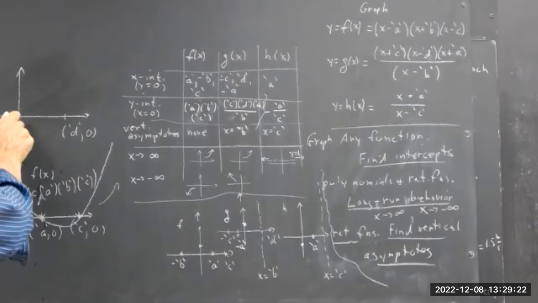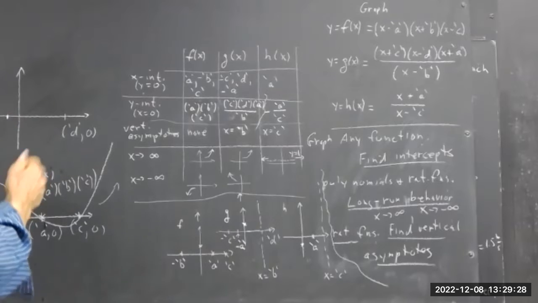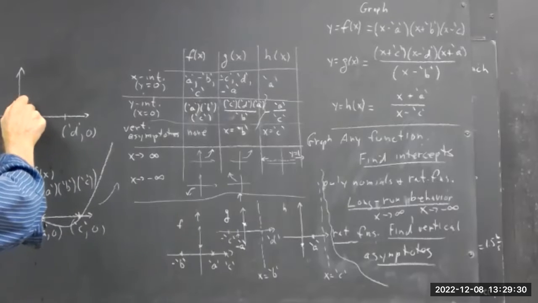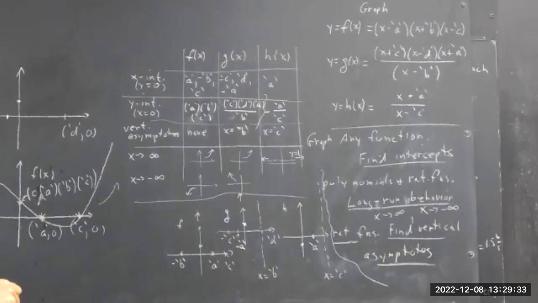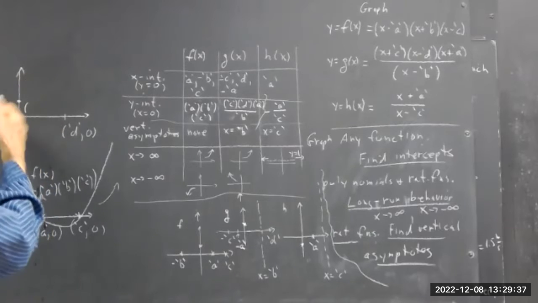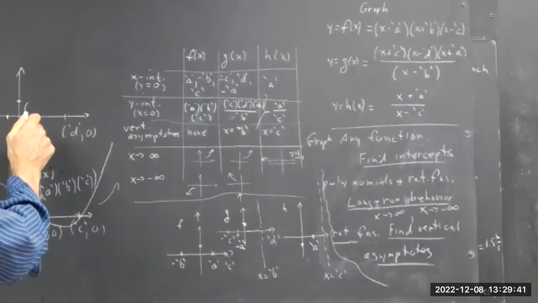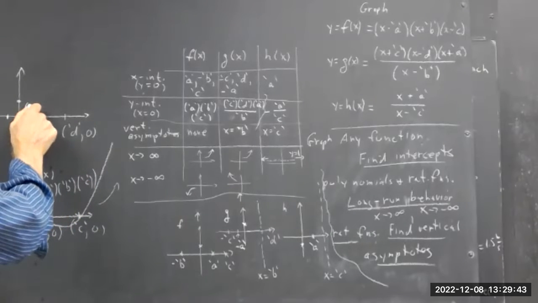And we're going to have negative A, 0. I'm going to label that after I draw the curve. And then we have our y-intercept. Which I could safely now that I figured out where the curve is going to go, I'll safely label this as 0.